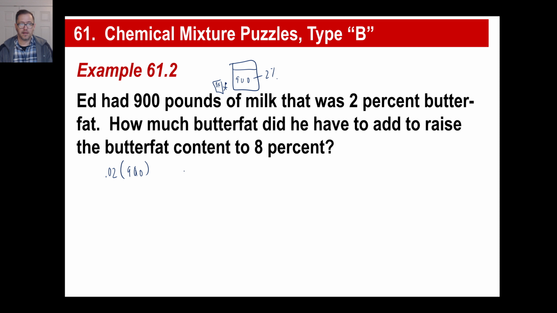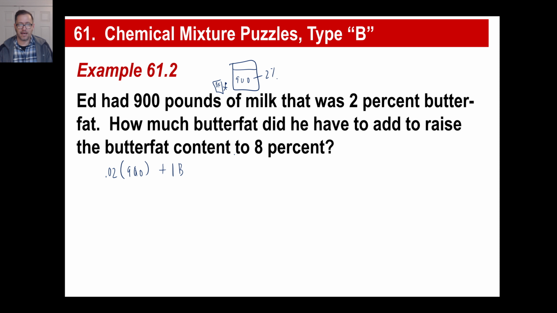Now, he's going to add some butter fat. I don't know how much he's going to add, so just write B. We don't need to put 0.02 or anything like that. This really means 1, that's 100% butter fat. In other words, this is 2% butter fat, we're putting 0.02. This is 100%, we're just putting a 1 there. Okay, that's butter fat.